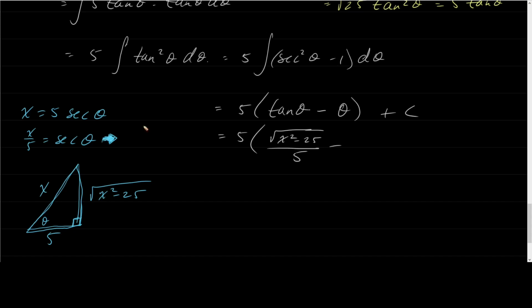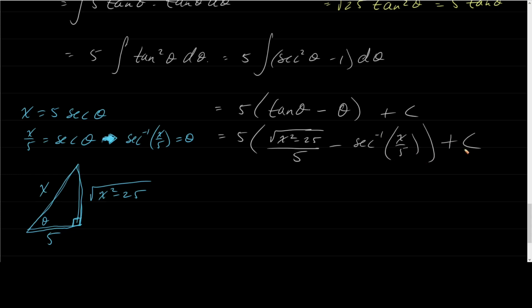So if I take secant inverse of both sides, I end up with secant inverse of x over 5 is equal to theta. So there we go. That's what the theta is going to be. So what I have now over here for theta is secant inverse of x over 5.